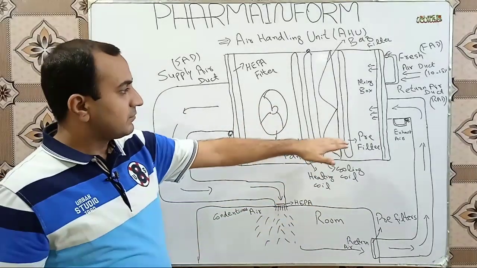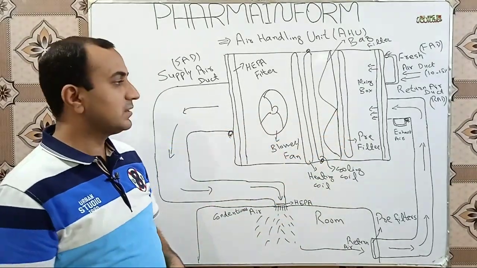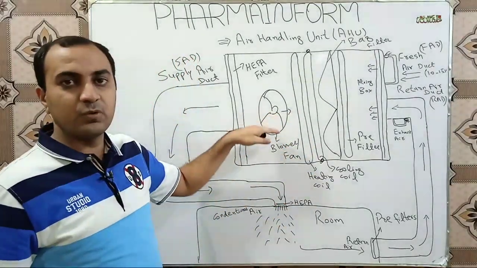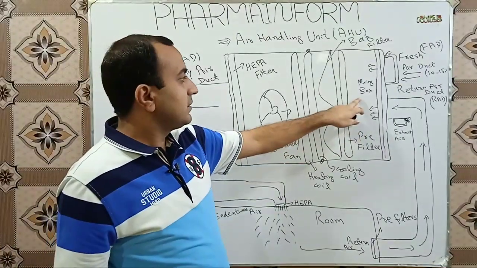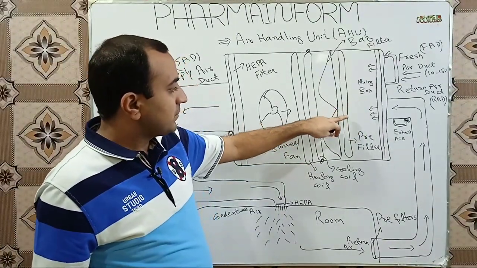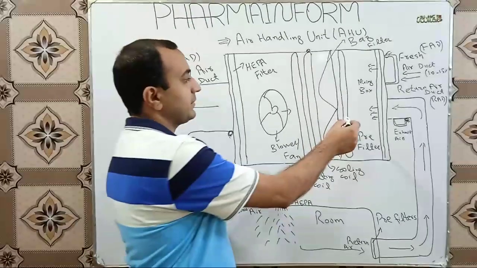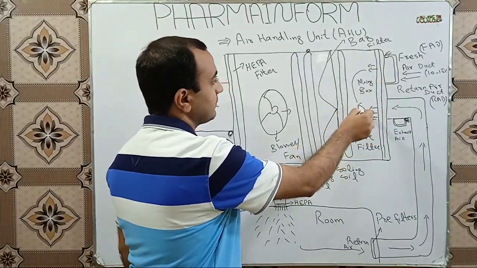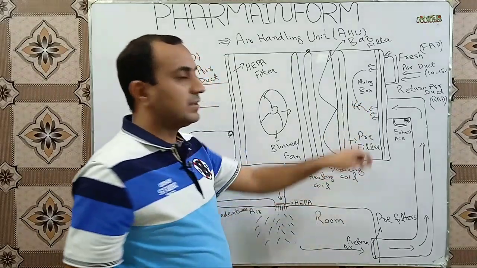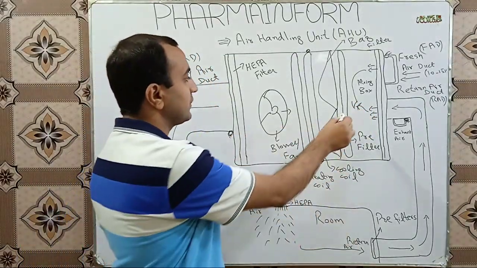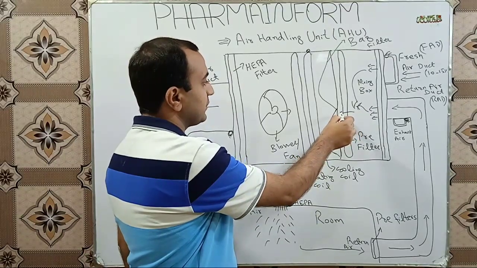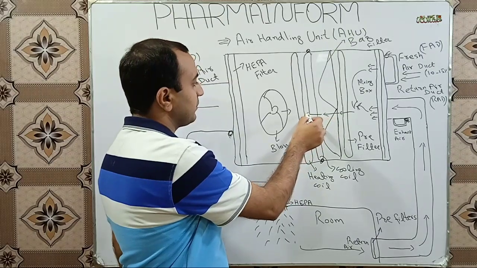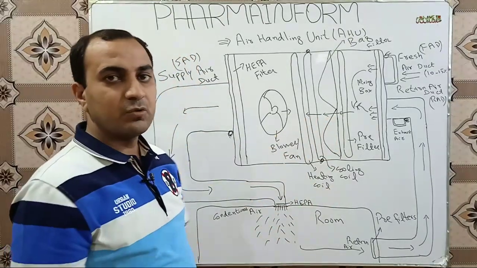Now for proper functioning, basically this fan or blower pulls the air which passes through the pre-filter. The pattern of air movement is from this air and this air. After combination or mixing in the mixing box, the air passes through pre-filters, then bag filters, then for cooling it passes through the cooling coil.